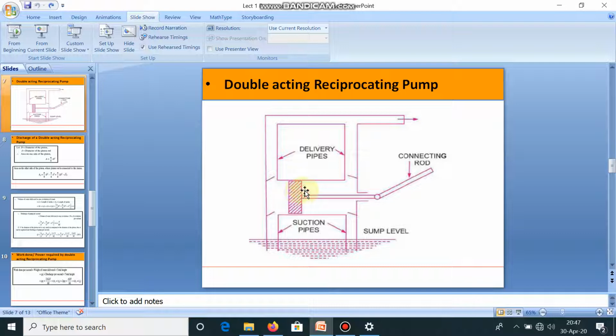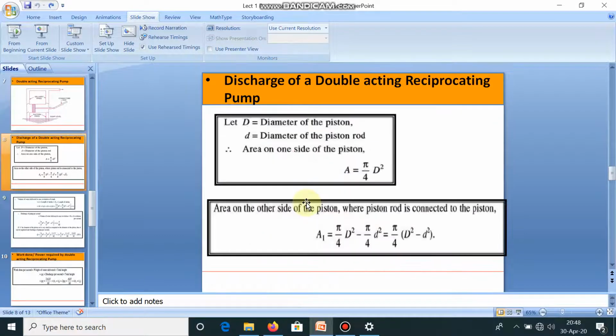However, towards the right side of the piston, some of the area of the piston is occupied by the piston rod. So the net cross sectional area of the piston which comes in contact with the working medium is going to be less, which is shown over here.